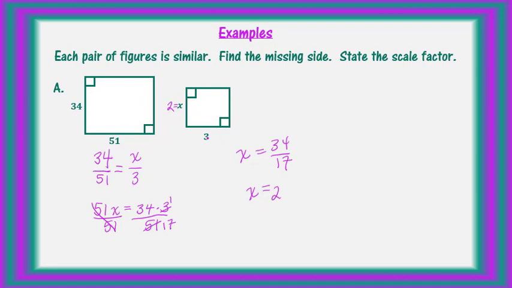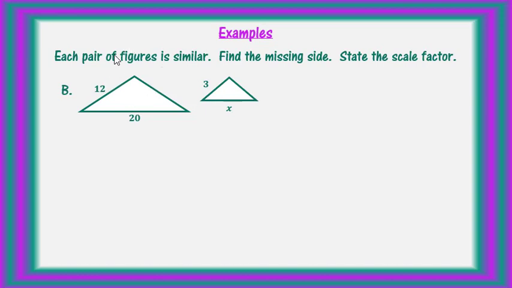So 3 times what gives me 51? We just did that down here. 3 times 17 gives me 51. Also, we know that 2 times 17 gives me 34. Therefore, our scale factor equals 17 for this particular example.